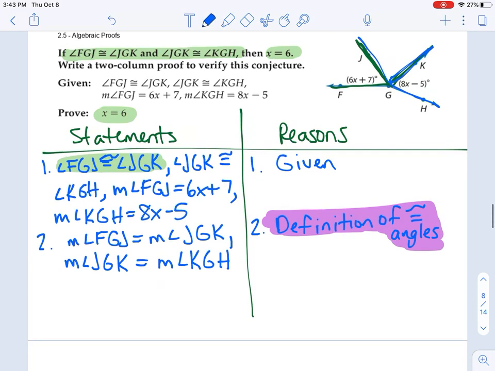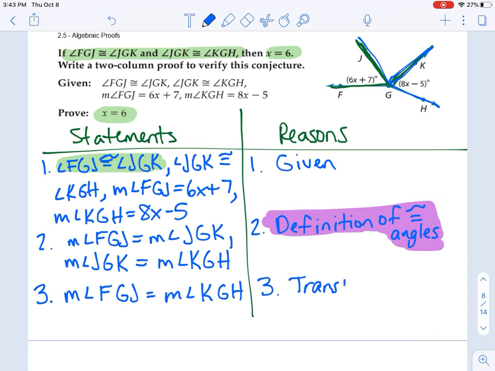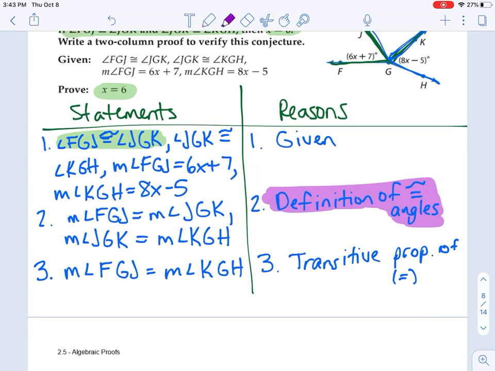We can also go from measure equality back to congruence, so we'll use it a bunch. Then, as you probably thought right at the beginning, we can use the transitive property to say the measure of FGJ is equal to the measure of KGH. And that, as I said earlier, is the transitive property of equality. All right. Now, if you look back up at the top, you'll notice that the measure of angle FGJ is 6x plus 7, and the measure of angle KGH is 8x minus 5.